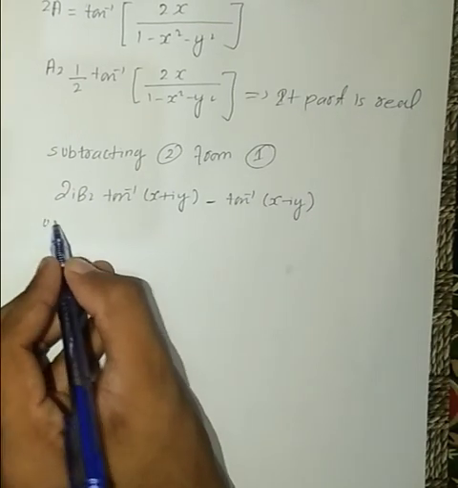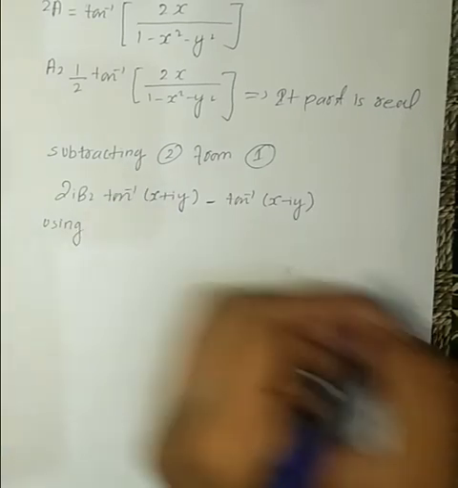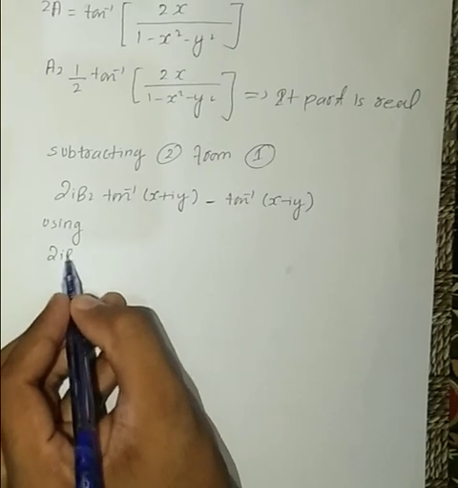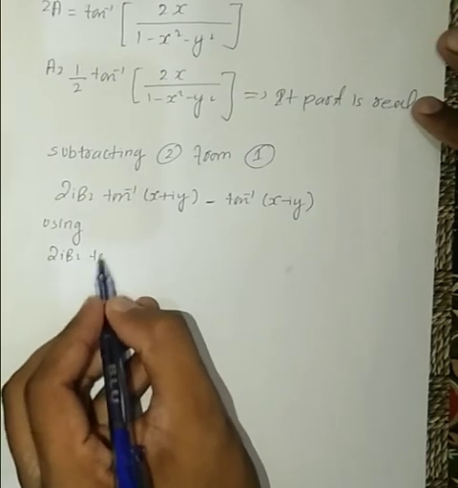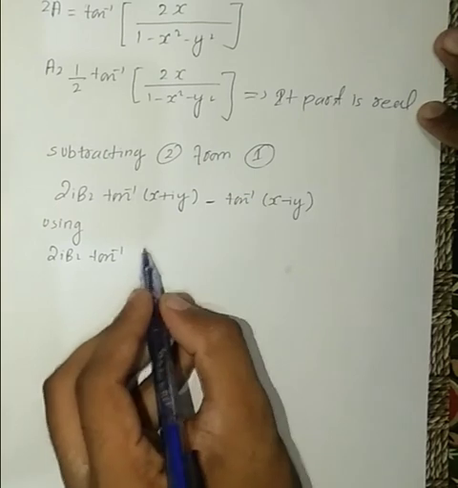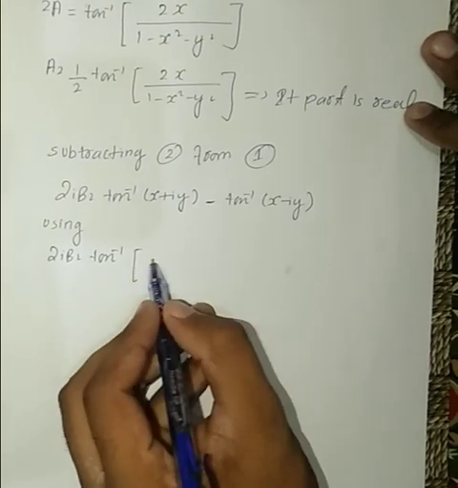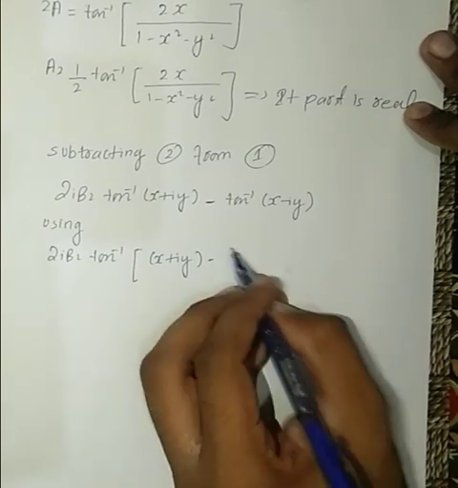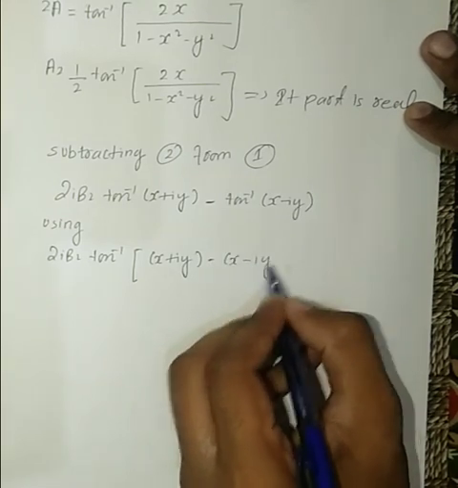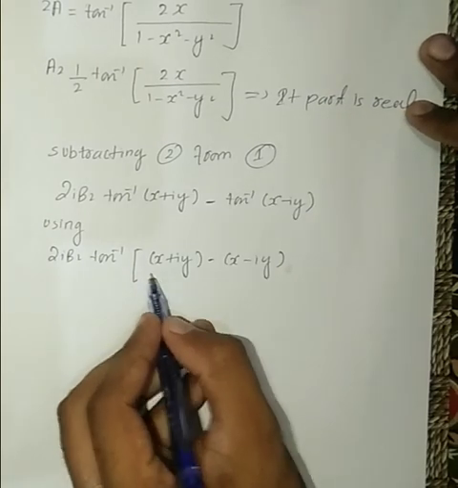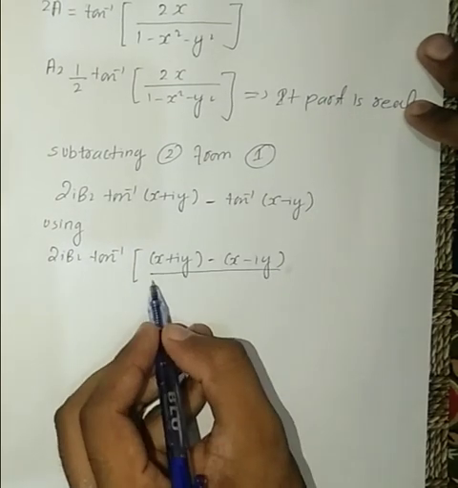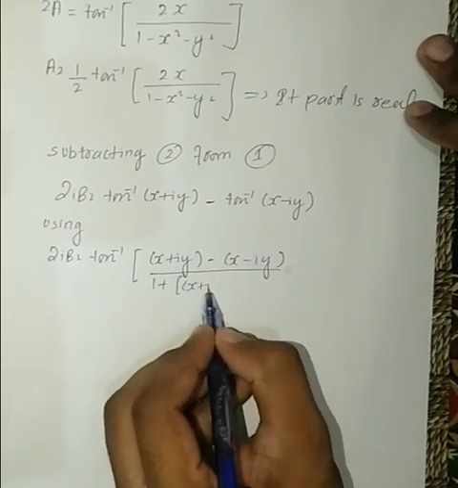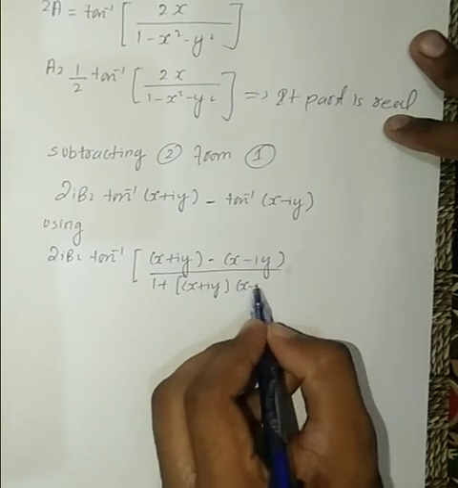So using the trigonometry formula, for the real part as before, 2 iota b equals tan inverse of x plus iota y minus x minus iota y, divided by 1 plus x plus iota y times x minus iota y.